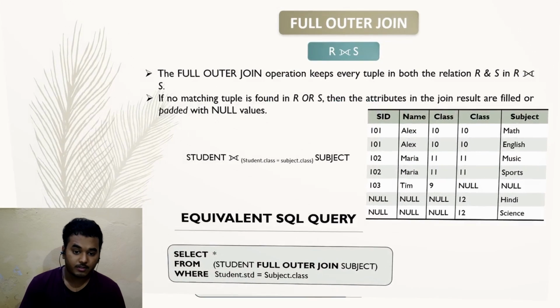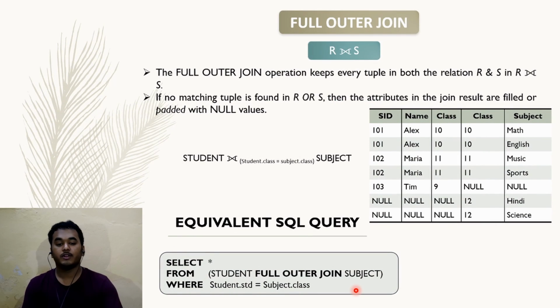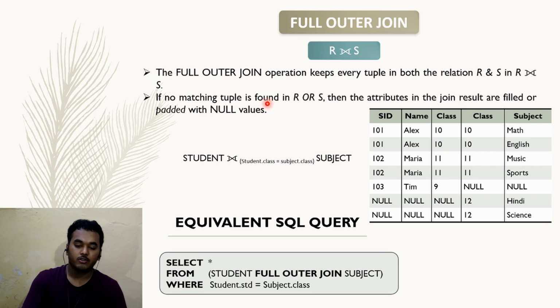Full outer join. This operation keeps every tuple in both relations R and S in the expression R full outer join S. If no matching tuple is found in R or S, then attributes in the join results are filled with padded or null values. So this is an expression for performing full outer join.